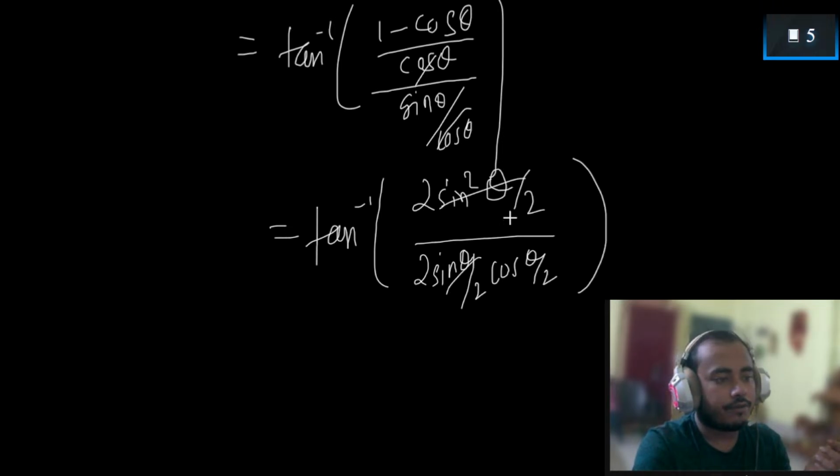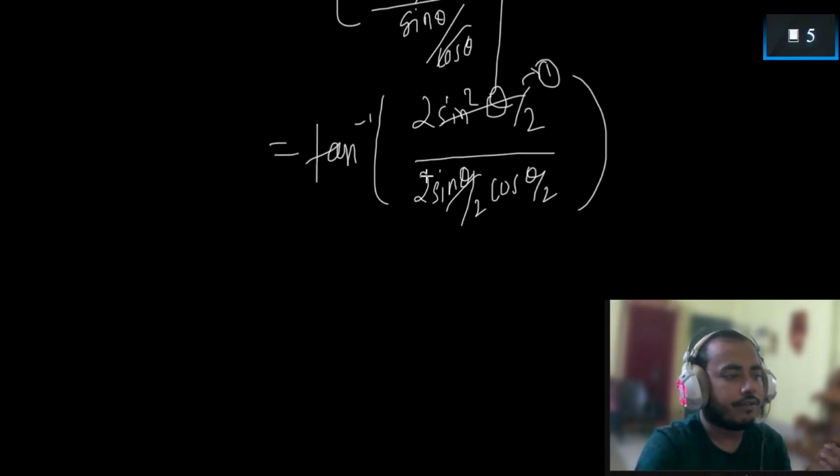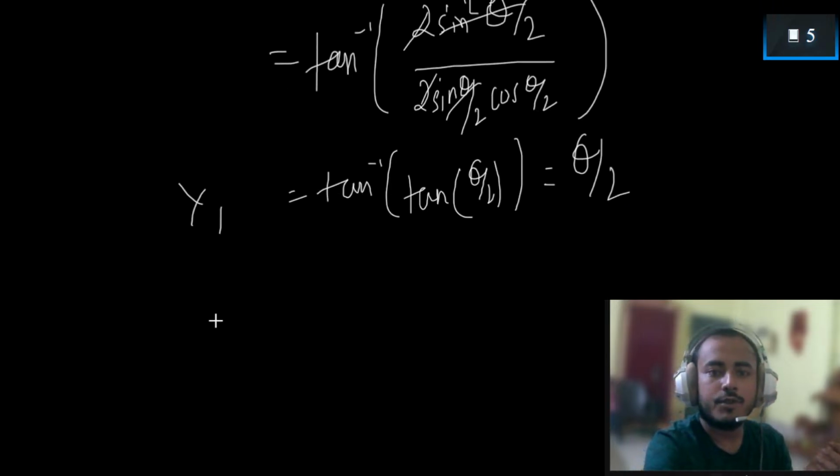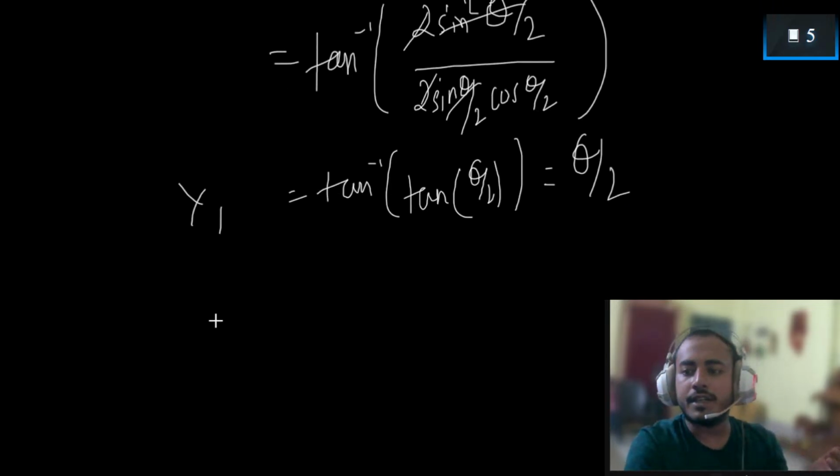Cancel them off; there is one of them left, and cancel the 2's off. You get tan inverse of tan of theta by 2, which simply gives you theta by 2, which is y1, right? So this is why you should use trigonometrical substitutions to understand this problem.